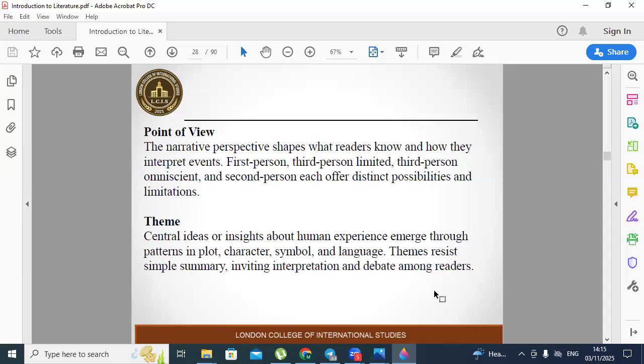Themes resist a simple summary, inviting interpretation and debate among readers. Two readers might identify the same theme but understand it differently, and both interpretations might be valid if supported by textual evidence.